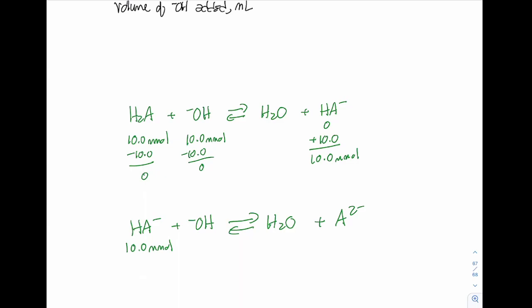We're not there yet, so I'm going to have less OH minus than I do HA minus. So I'm just going to pick 5 again, but any number for my example here less than 10 is going to work. This is 0. I subtract 5. Always subtract the smaller of your two reactants from both reactants. This goes to 5 millimoles. This goes to 0. Add to this side.